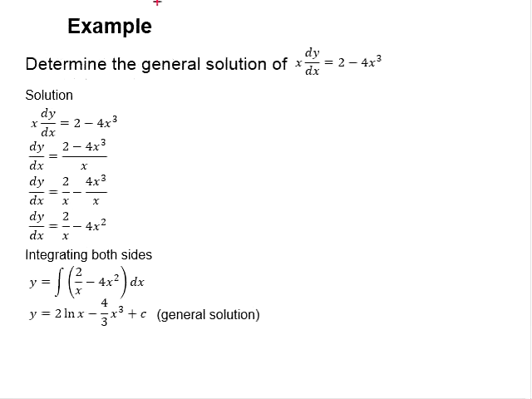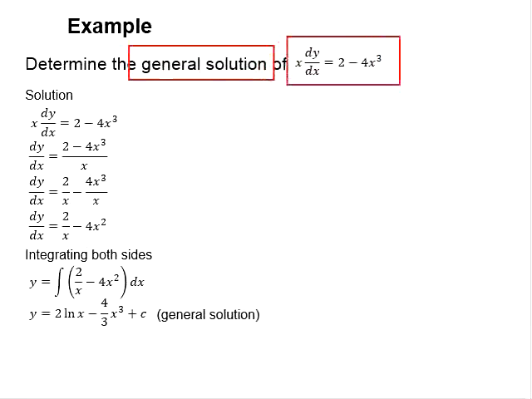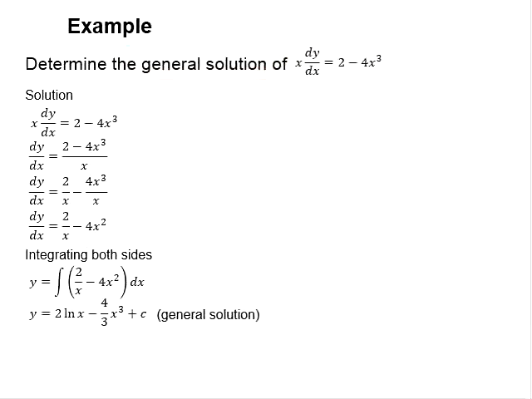These questions ask you to determine the general solutions for these functions. The general solution should look something like this, which is in the form of a function of y. In order to determine y out of the function here, you will need to integrate the function. Write down the function here.